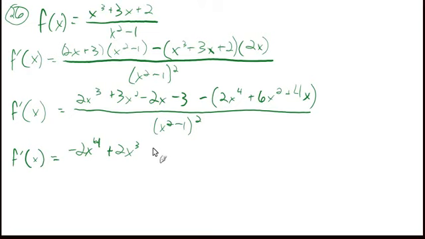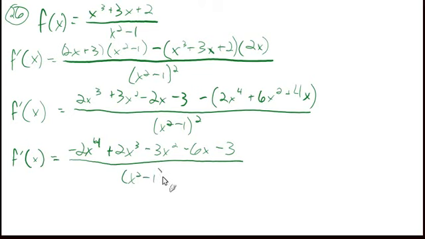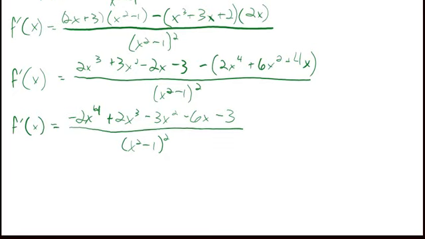We have squareds, so negative 3x squared, minus 6x, minus 3, over x squared minus 1 squared. Yeah, that looks kind of messy. That's about as good as it can get. Not anything going to cancel that I can see.